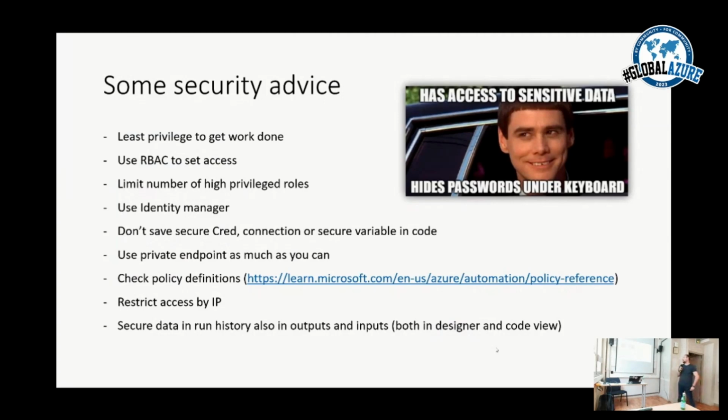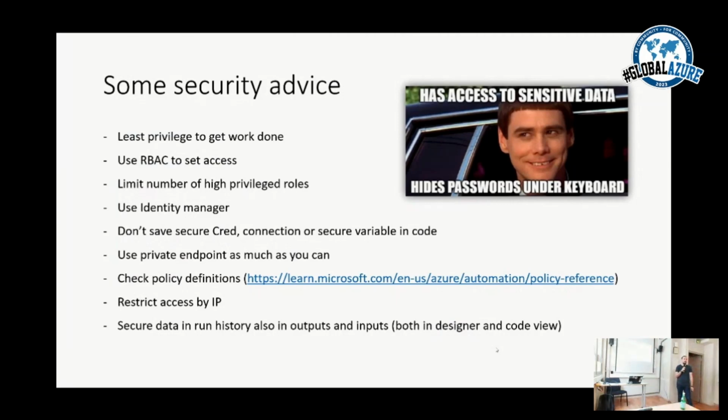Don't save secure credentials or connections in your code. It's not secure. So please make sure that you are not going to save anything like this. Use private endpoints as much as you can to keep your traffic for your automations local, or at least not expose it to the public environment.